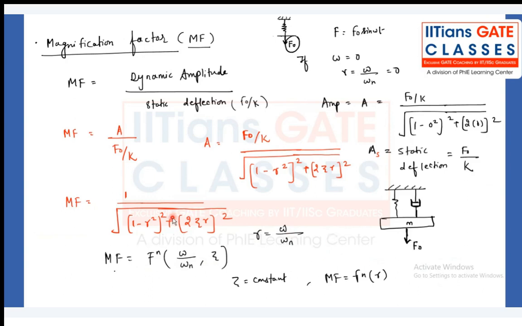But for a particular system, zeta will be constant. So all I want to say is that the magnification factor is solely a function of R. So we can plot magnification factor versus R. Remember, the magnification factor is also called the amplitude ratio. Somewhere please note it down.